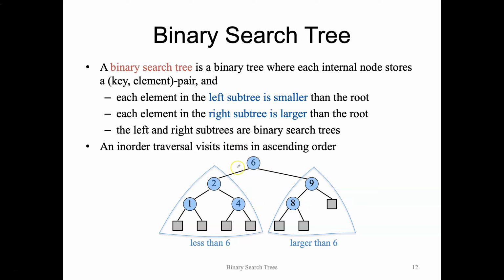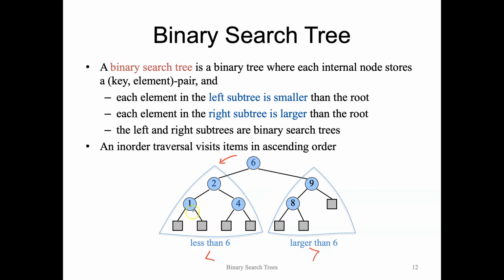And because of how this works, that everything on the left is less than, everything on the right is greater than, if we were to traverse these elements in order, and remember, an in-order traversal means we first recur on the left once we have no left children that haven't yet been visited. Then we visit a root node, then we recur on the right.